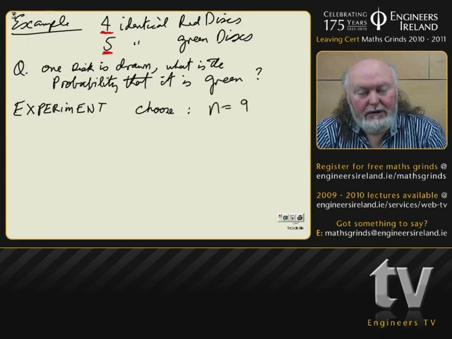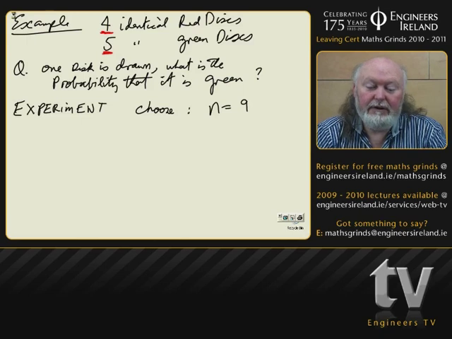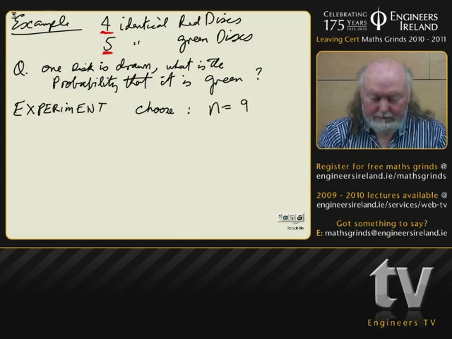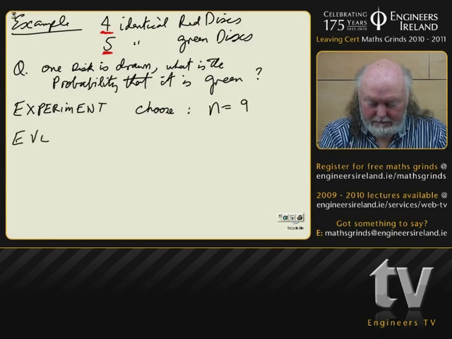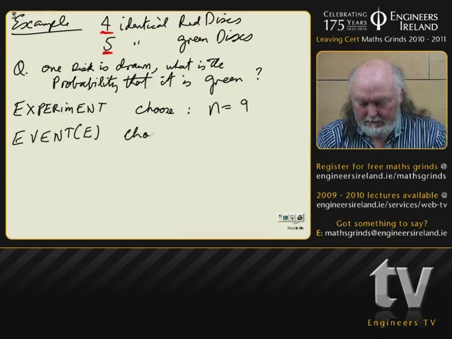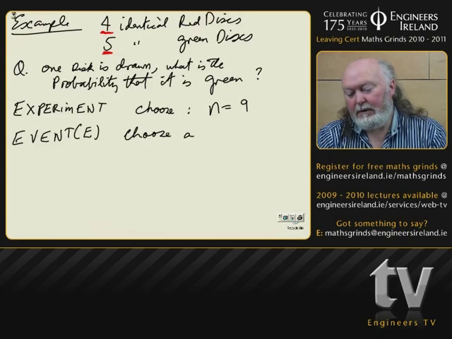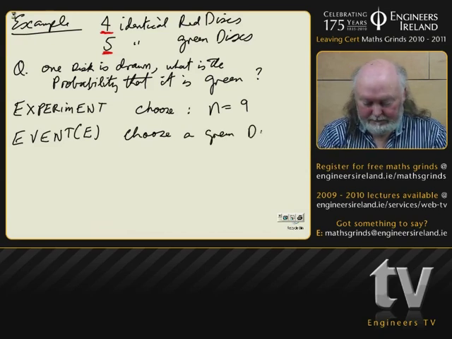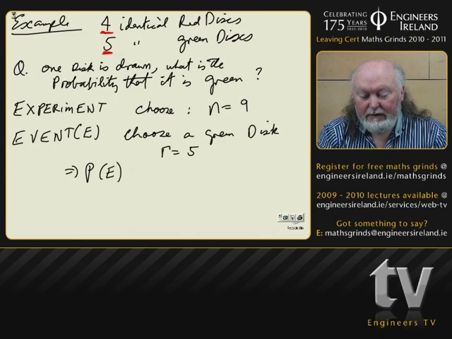Even though some items may be identical to other items, they all count in their own right. So there's 9 items here, even though 4 of them are identical and red, 5 of them are identical and green. So the event is to choose a green disc. Probability of the event is 5/9.